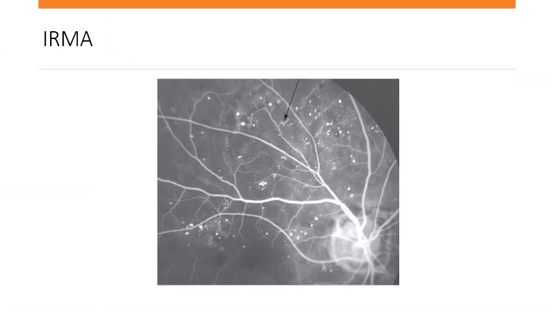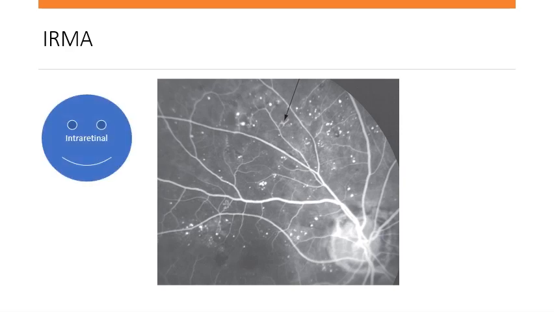Another finding that can be seen in fluorescein angiography is the IRMA, or what is called the intraretinal microvascular abnormality. It presents as an intraretinal blood vessel connecting usually a retinal arteriole and a retinal venule.